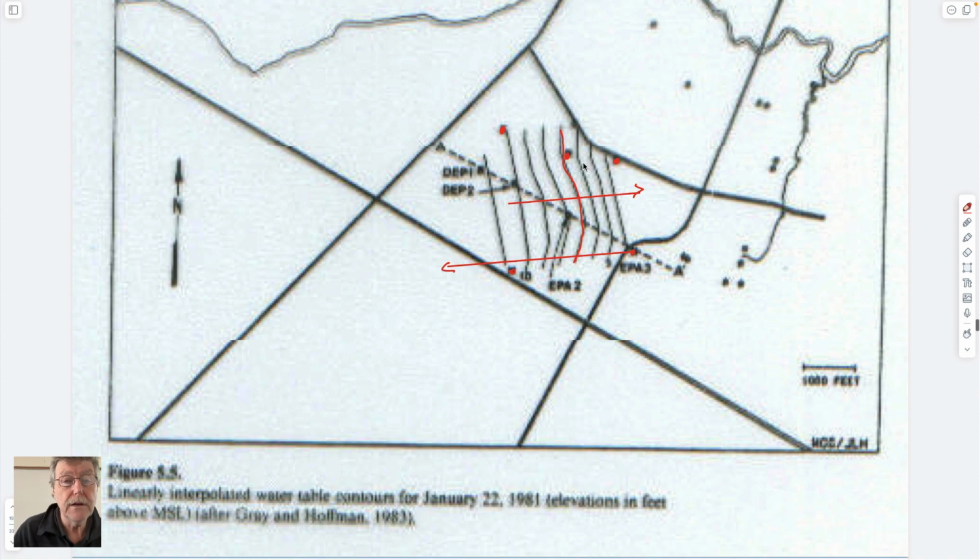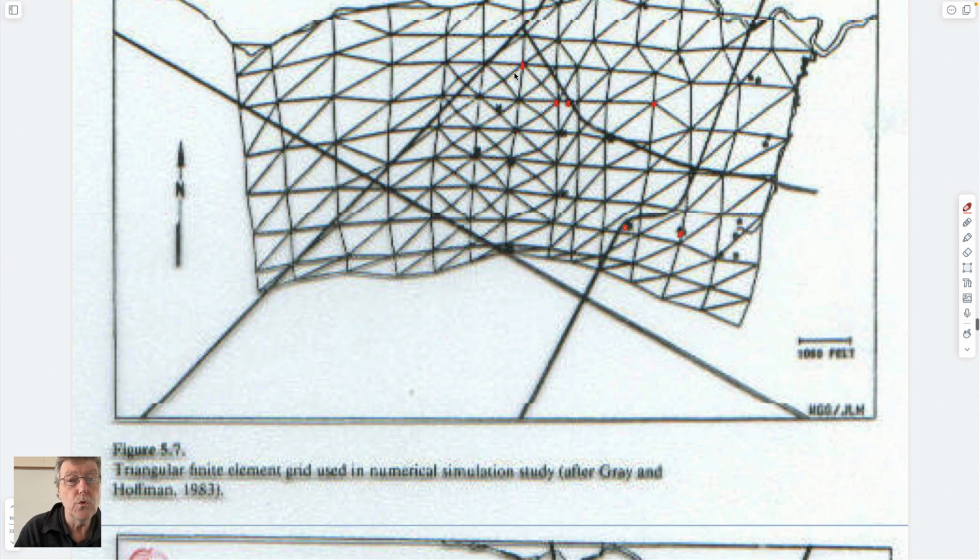So if you have the groundwater contours defined, you could take your model and look at what the predicted contours were in this model, which is what we'll talk about how you might do today. And you could calibrate this model by changing the permeabilities and the boundary conditions to get a match between the distribution of heads you see and what you calculate from the model.